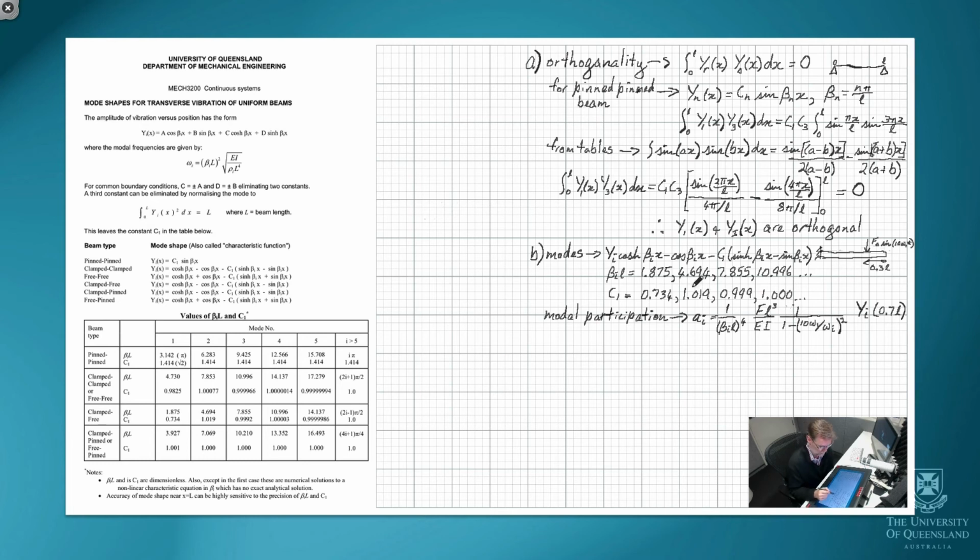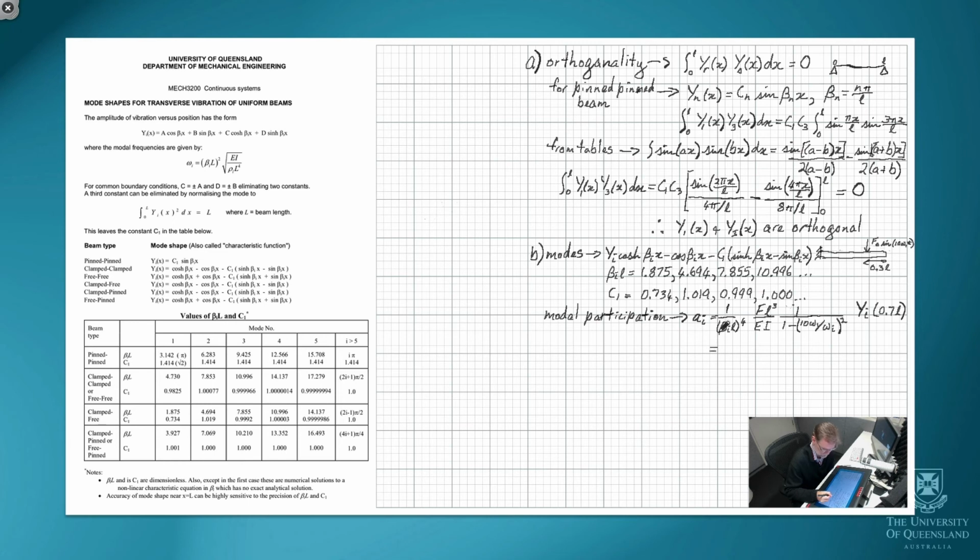Now, obviously, we've got cosh's and sinh's. This is going to be quite an onerous problem to write down by hand. So typically at this stage, after you calculate the A i's, you can then have a look at a numerical solution. But let's just calculate the A i's first.